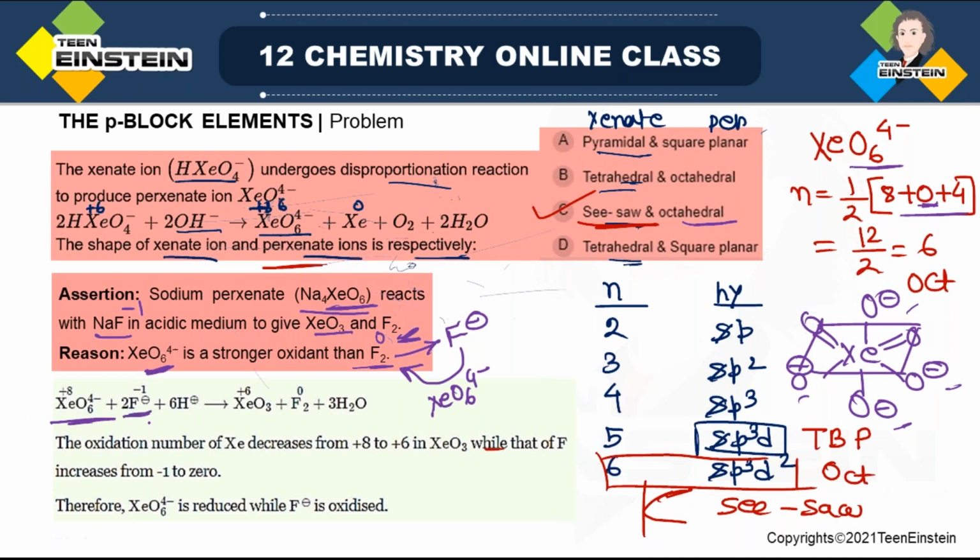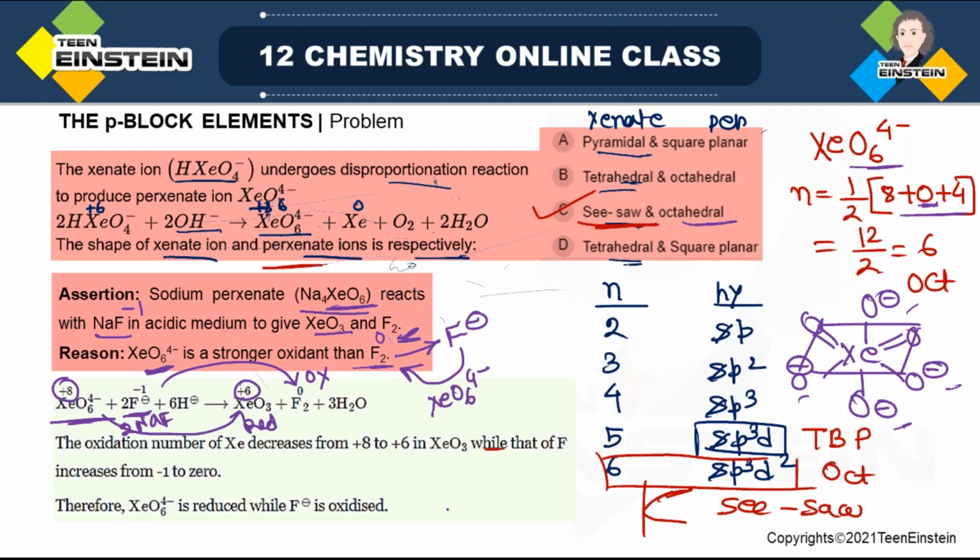It is reacting with F minus, this is nothing but 2NaF, in presence of acidic medium. It is now converted to the +6 state. That means here xenon is reduced from +8 to +6, and F minus is oxidized to 0 from -1. So this is oxidation and this is reduction.